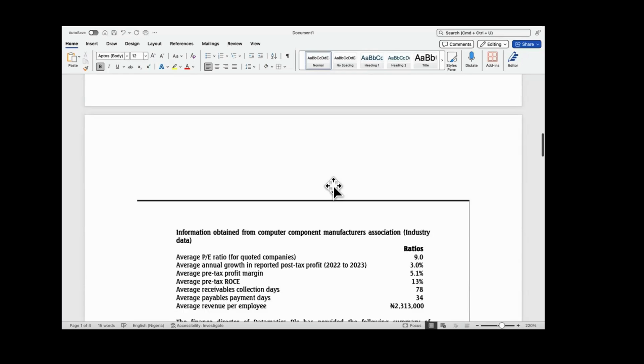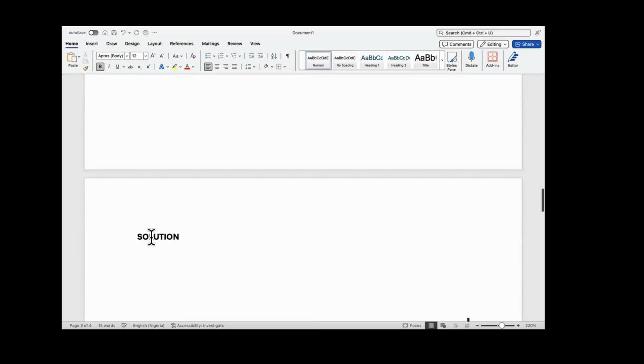So before we jump into this question, see, when it comes to ratio analysis, there are majorly 5 classes of ratios. We have profitability ratios.